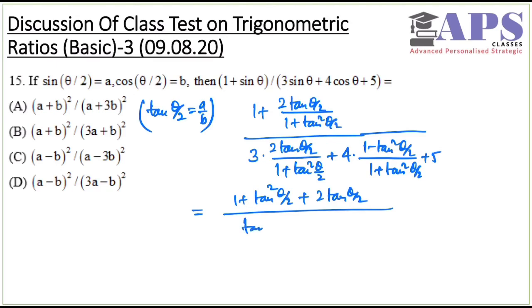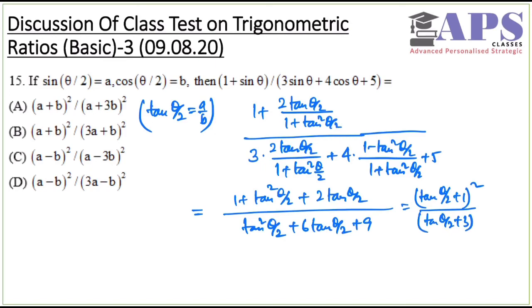So 1 tan square theta by 2 will be there, and tan theta by 2 will be 6 tan theta by 2, and the number will be 4 plus 5, 9. It's like tan theta by 2 plus 1 whole square by tan theta by 2 plus 3 whole square. Now if I put tan theta by 2 equal to A by B, it will be A plus B whole square by A plus 3B whole square. So I think that is matching with one of the options, that is option A.